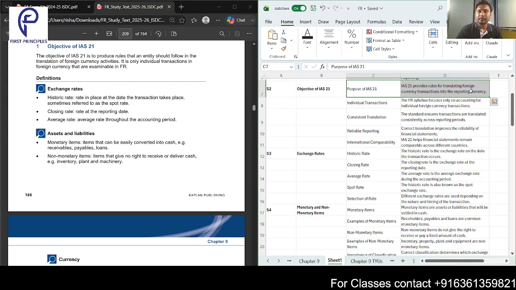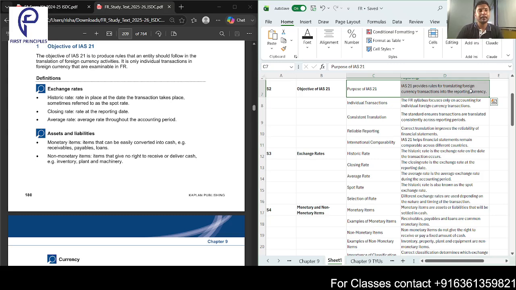Okay. So whenever there's a foreign transaction, I simply cannot record that transaction in my books directly. I need to convert it to my currency, that is rupees, and then record it in my books. For example, if Arpita has made a payment of £10 to me for whatever reason, I cannot record £10 as a payment in the books of First Principles Academy.